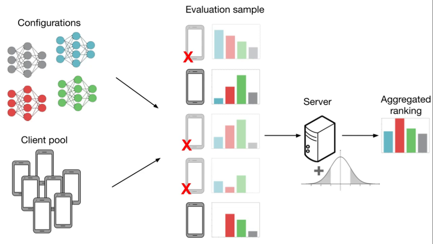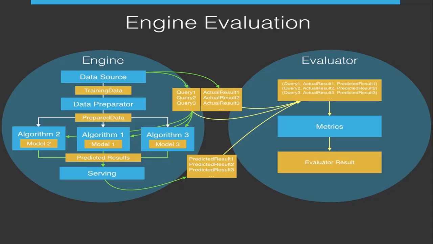Server, aggregated linking, engine, evaluation, data source, training data, data preparator, prepared data, algorithm 2, algorithm 1, algorithm 3, predicted results depending on models 1, 2, 3.